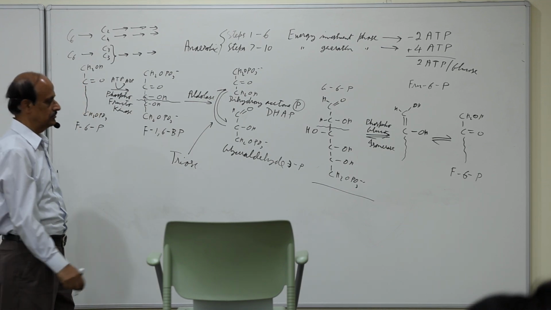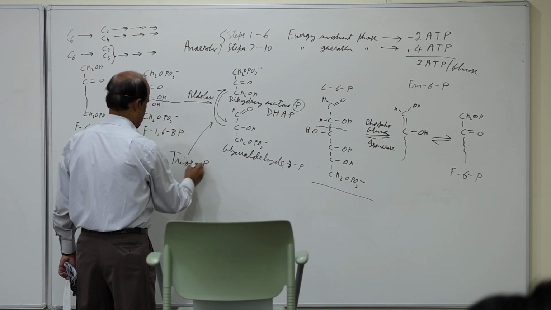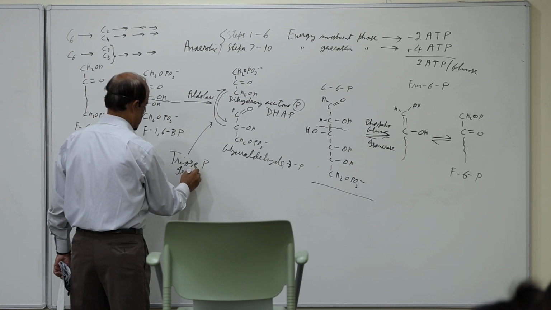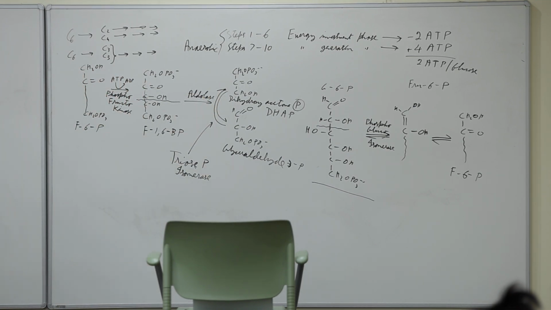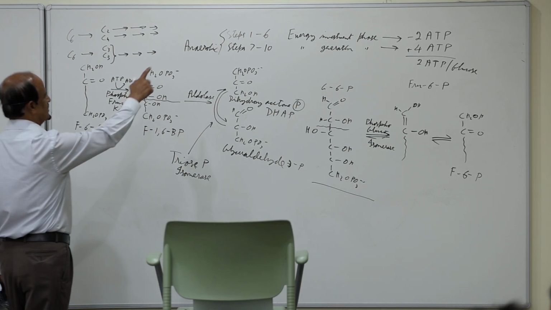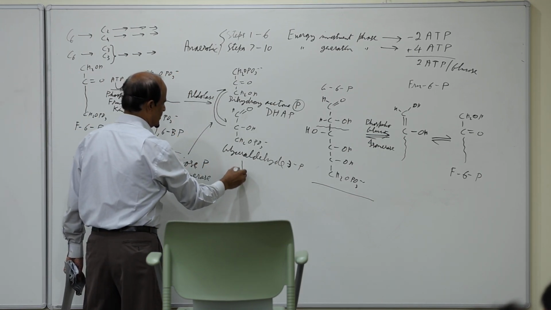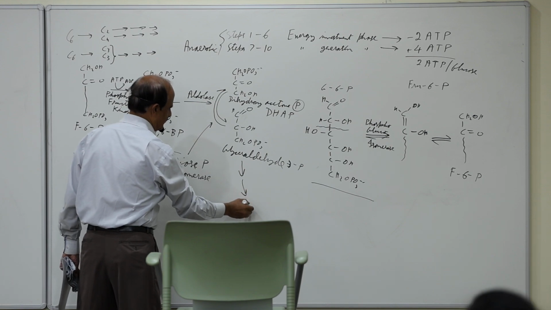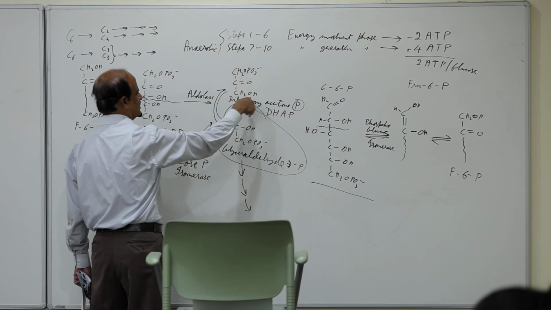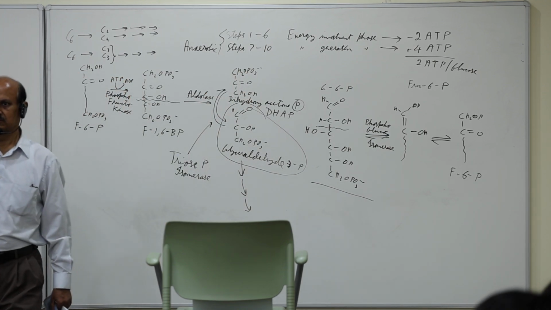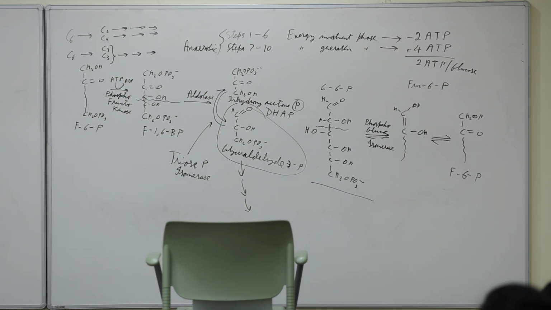It converts the dihydroxyacetone phosphate to the glyceraldehyde 3-phosphate. So these are the 6 steps that are the energy investment phase, and the remaining steps have to continue from this molecule, which is glyceraldehyde 3-phosphate. You don't need a separate enzyme for the dihydroxyacetone phosphate, because that is converted to the glyceraldehyde 3-phosphate.